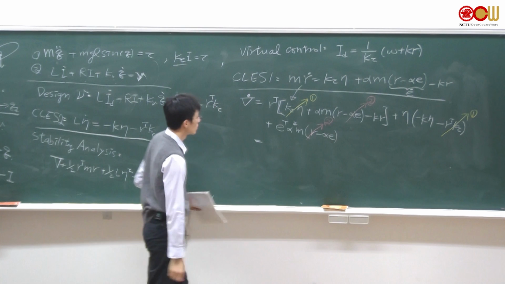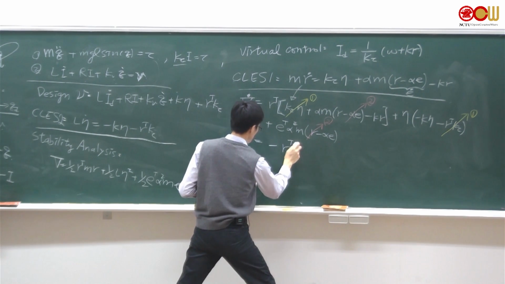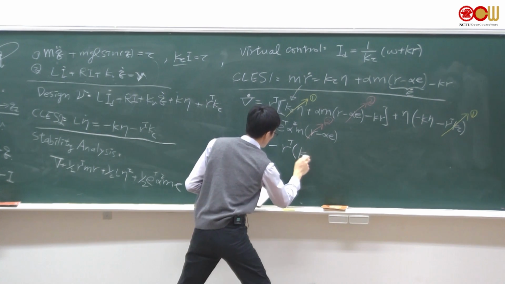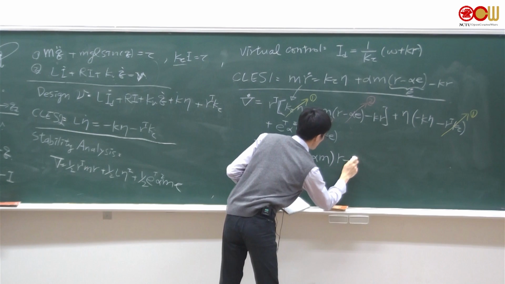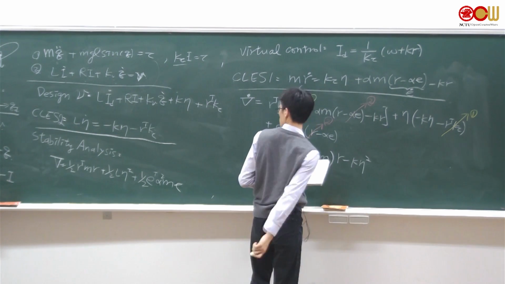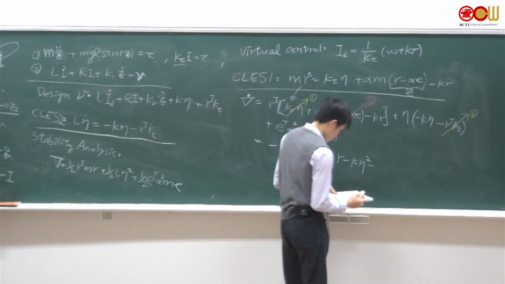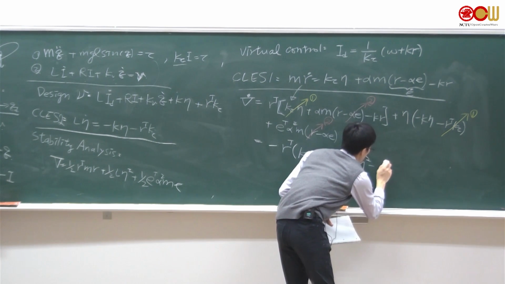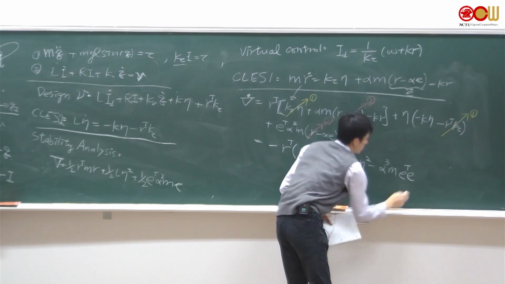Second cross term. So eventually you will get R transpose K alpha M R minus K eta square minus alpha cubic M E transpose E.